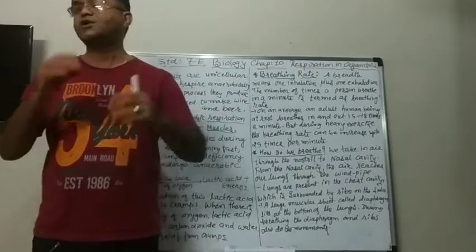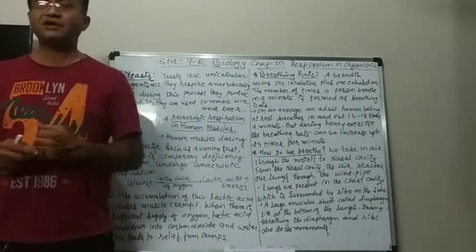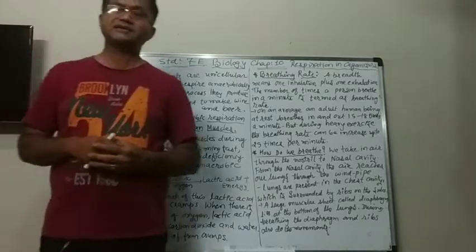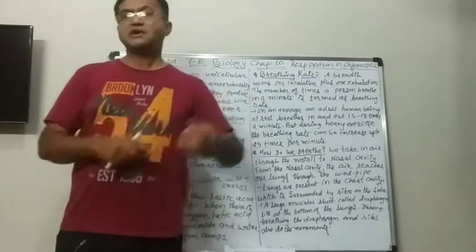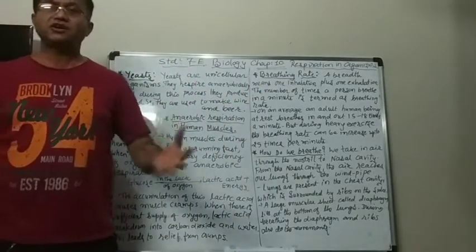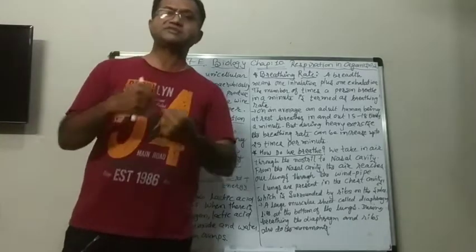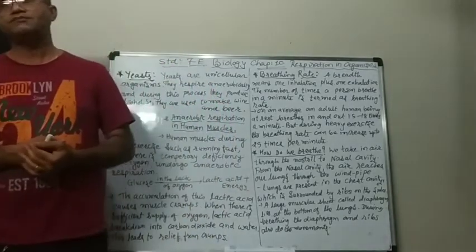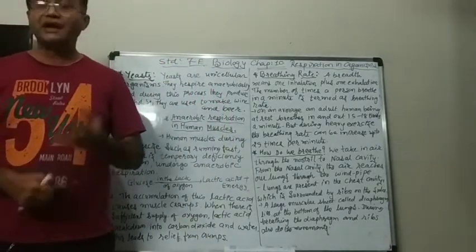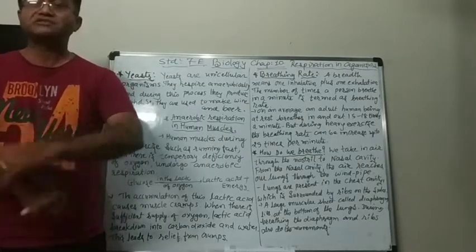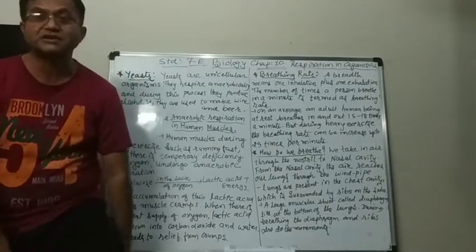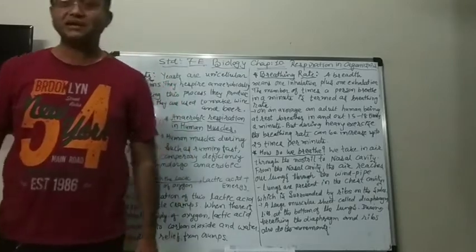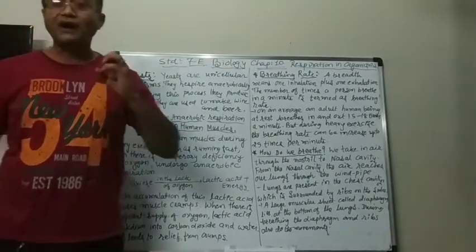Maybe you have noticed that after running very fast or during exercise, sometimes in the PT lecture, your teacher gives you some exercise or yoga to do, and at that time there are cramps in your muscles. Muscles are paining. Why? What happens?